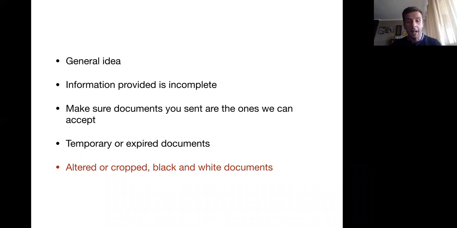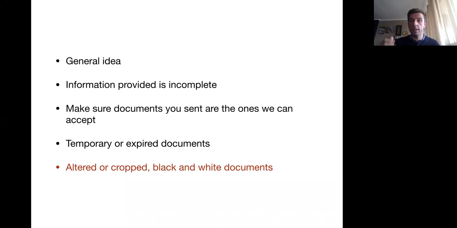Okay, altered or cropped black and white documents. If you have a document which can be generated from the card itself, I mentioned that there are a lot of biometric chips around, in passports or driver's licenses or ID cards or what have you.